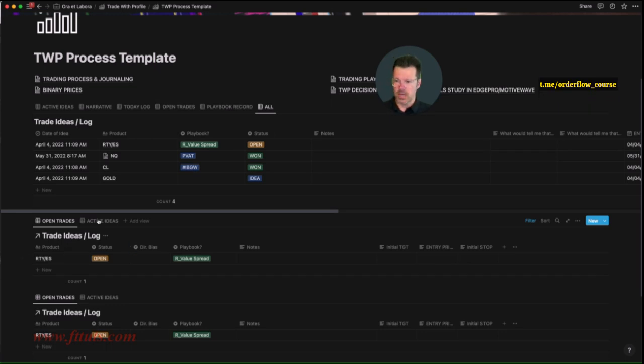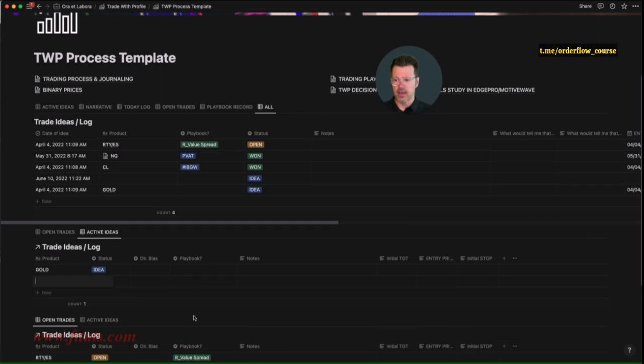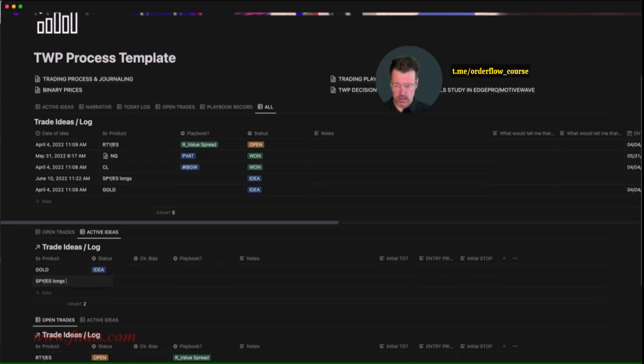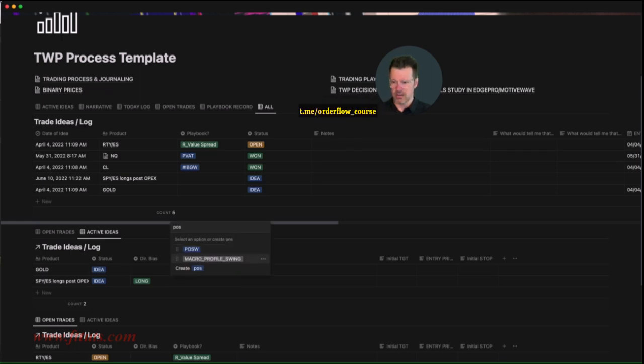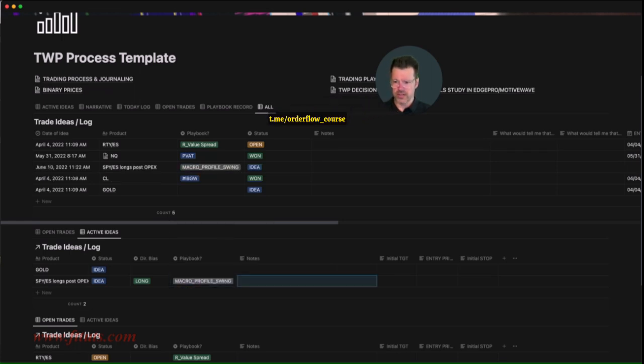Even though I didn't talk about the active ideas, let's say I ask, what's an active idea? SPY, ES longs post OPEX, that's an idea, and I'd be looking long. What's the playbook? This kind of macro profile swing.